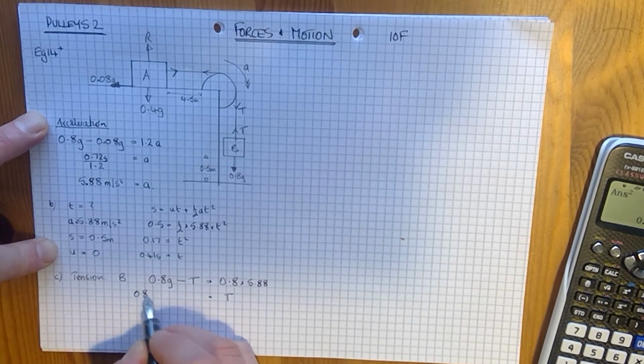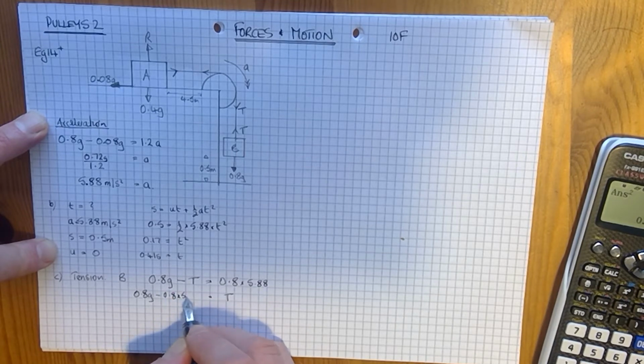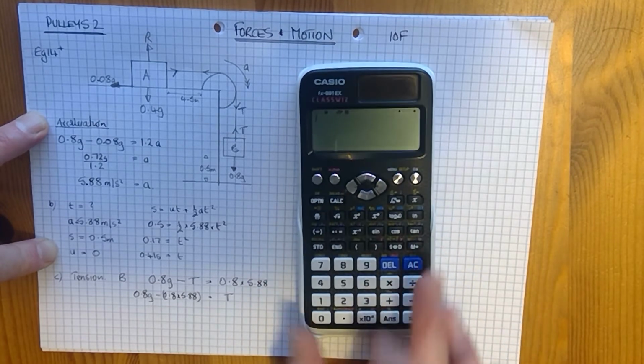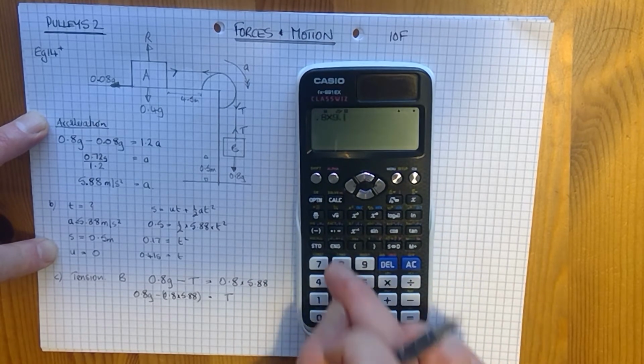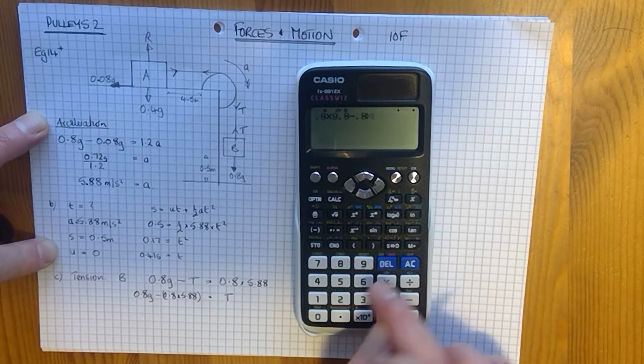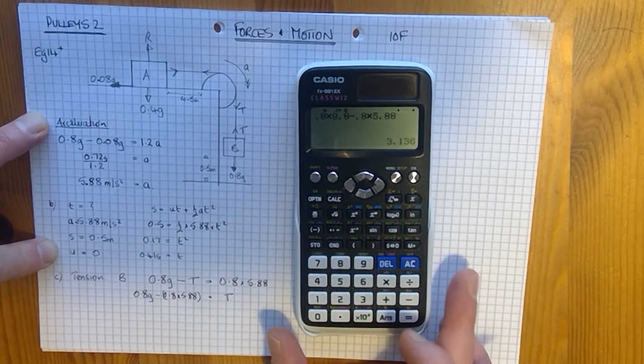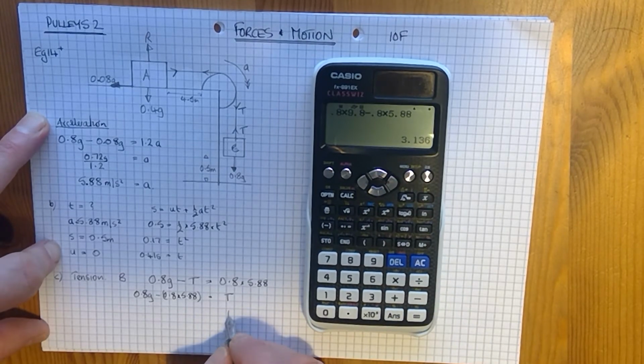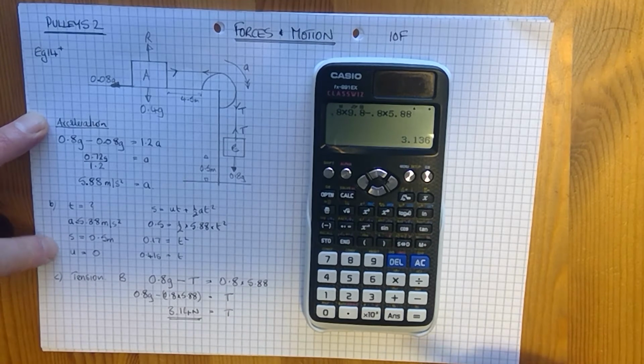And I get the tension is 0.8 G, take away 0.8 times 5.88. 0.8 times 9.8, that's 0.8 G, take away 0.8 times 5.88. That gives me a tension of 3.14, let's say 3.14 newtons, rounded off to 2 decimal places, 3 significant figures.